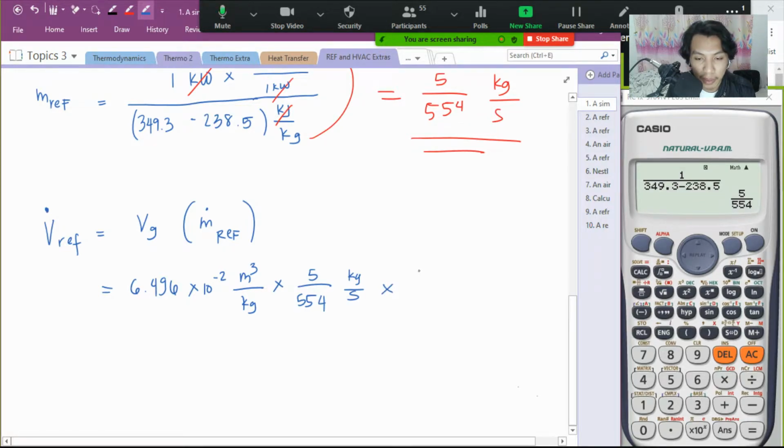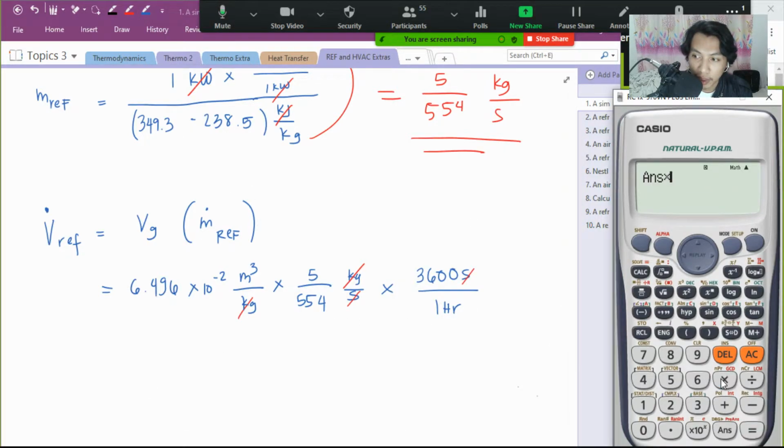Per hour to, so 3,600 seconds per 1 hour. Okay. So, cancel nyo ito, yung kilogram, yung seconds, in seconds. Okay. I-multiply na natin to ng 6.496 times 10 to the negative 2. Okay?